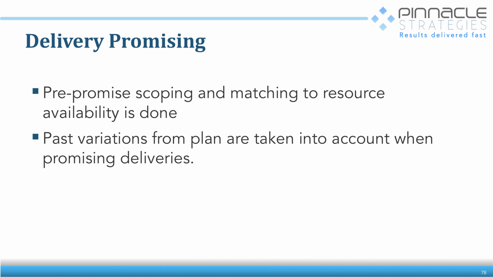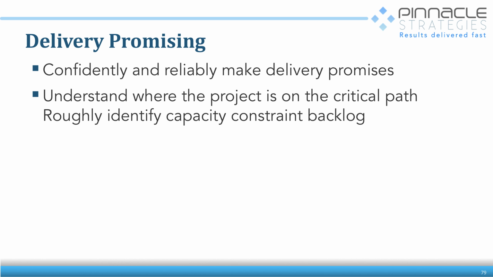When they saw what they were actually doing, that resulted in a change of both promising deliveries and also their resource allocation strategy. What we want to be able to do is make delivery promises confidently, reliably. Understand where the project is on the critical chain and roughly identify the capacity constraint backlog.